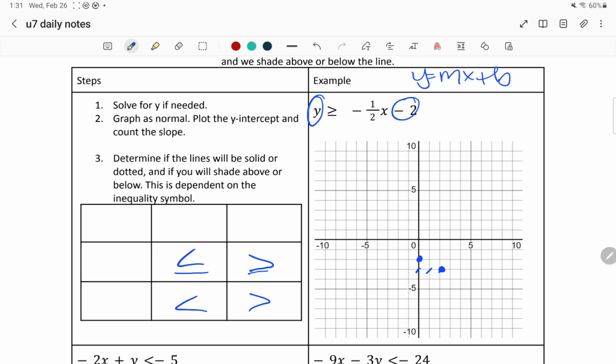Okay, if it's an equal to symbol, meaning there's a line on the bottom, then my line on my graph will be solid. If it's just greater than or just less than, the line will be dotted. This is the same thing as a closed circle and an open circle, like when we were graphing one variable inequalities.